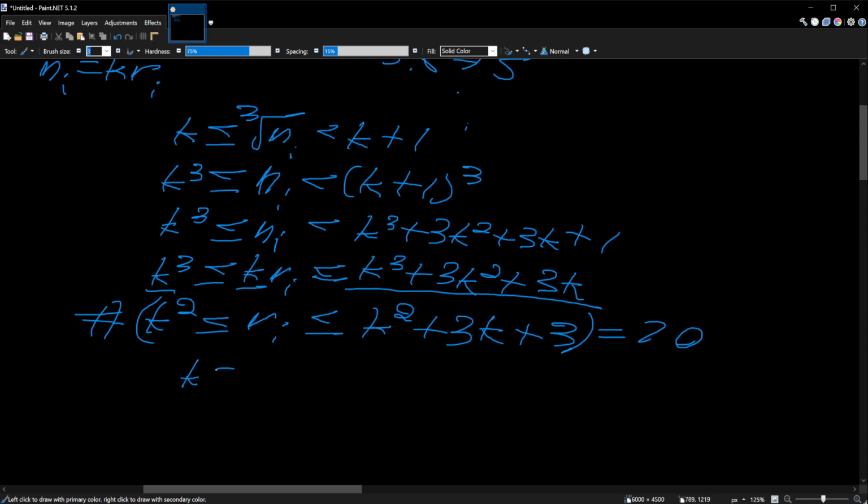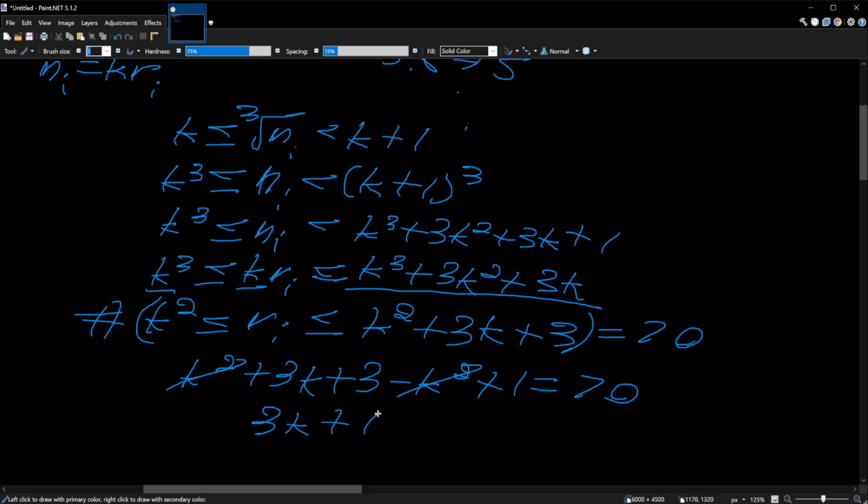So we have k squared plus 3k plus 3 minus k squared plus 1 is equal to 70. The k squareds cancel, and you simplify to get 3k plus 4 is equal to 70. And that's a bit of algebra. You get k is 22. Okay, so our k is 22.